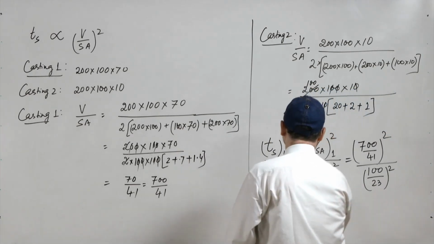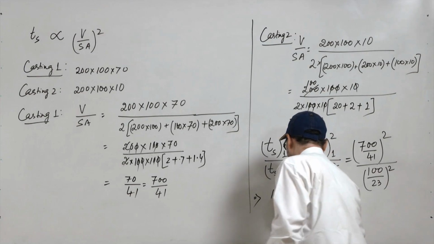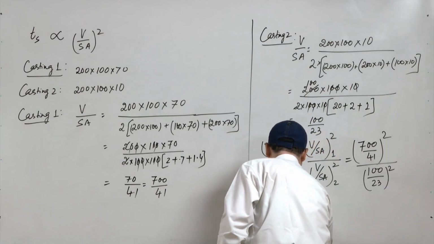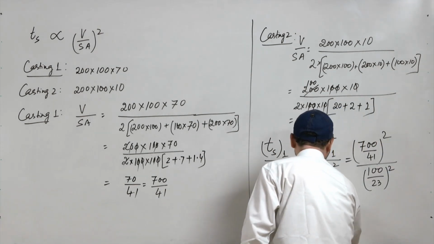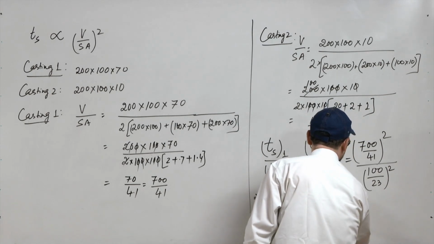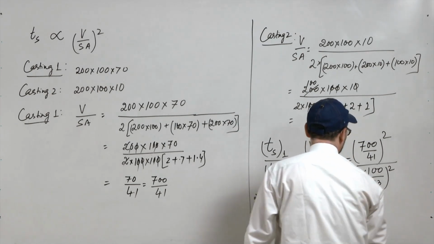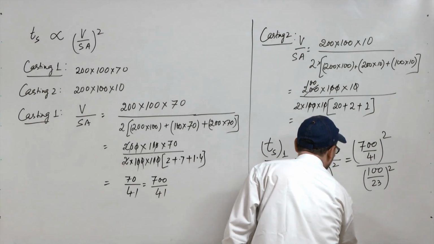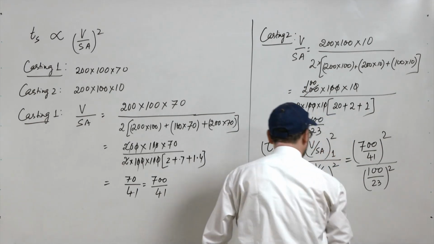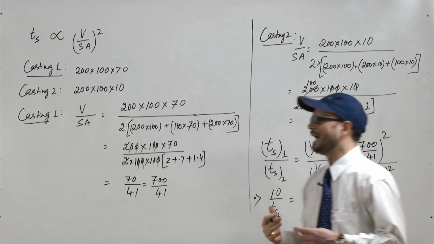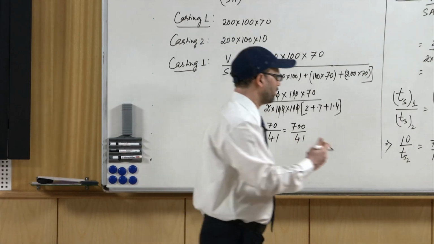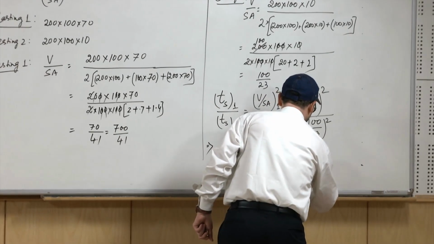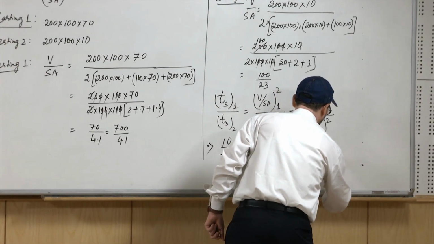So, 10 by Ts2 will be equal to 700 square into 23 square upon 100 square into 41 square. You have to calculate this and you can find Ts2 directly from there. So, from here you directly get Ts2 as 0.65 minutes.